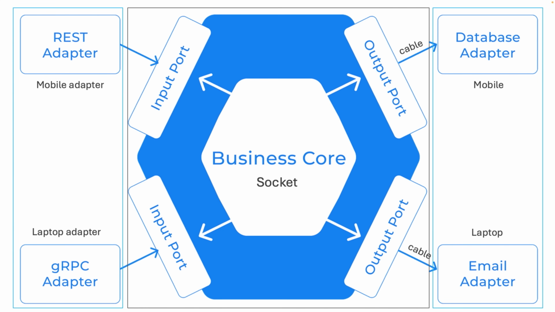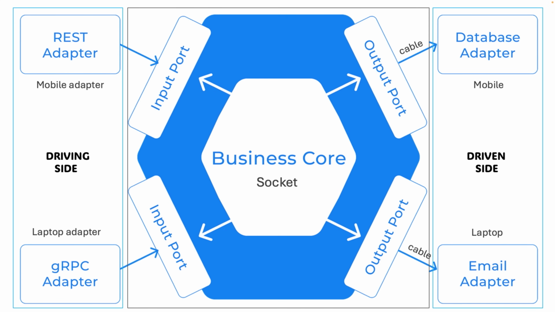The left part is your input adapter, which is also called the driving side. How the input is coming to your core logic, that is what is called the driving side. Similarly, the right part is your output adapter, which is considered the driven side. How the output goes from your service. That is why there are two terms, driving side and driven side.